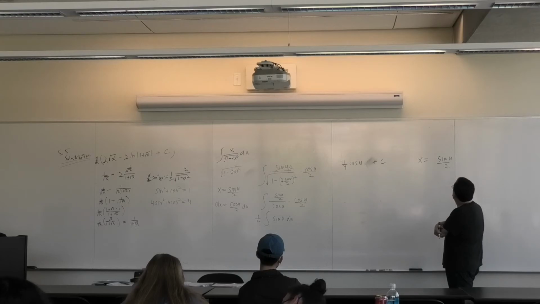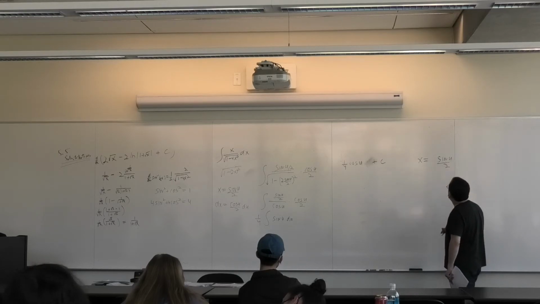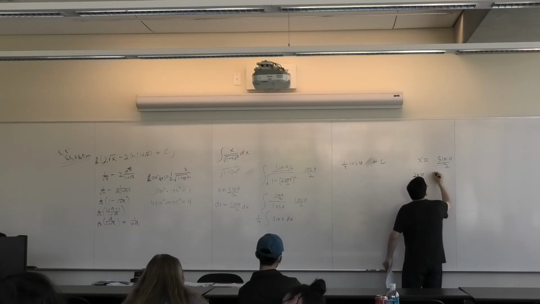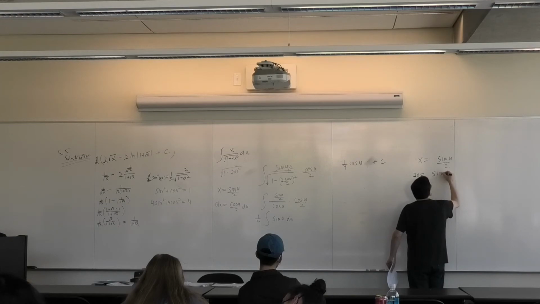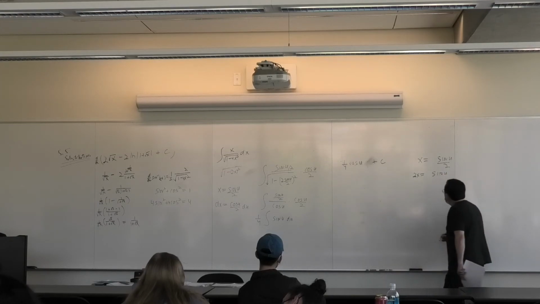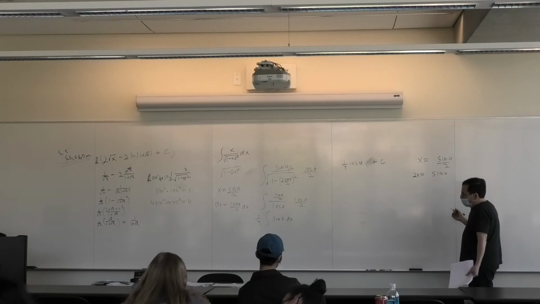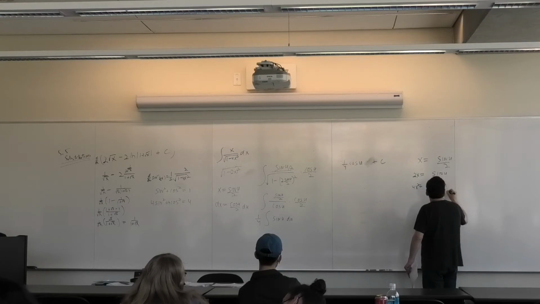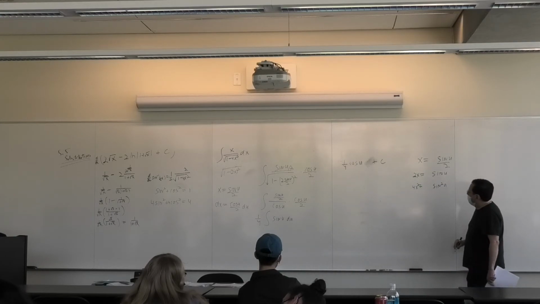Well, let's see if we can make this into a cosine. Right? x equals the sine of u. We square both sides, and we're going to subtract both sides from 1.